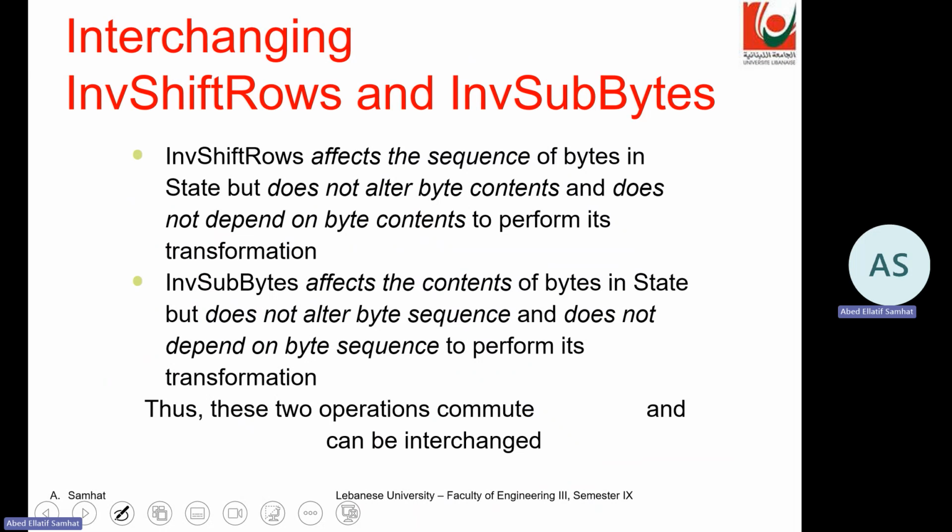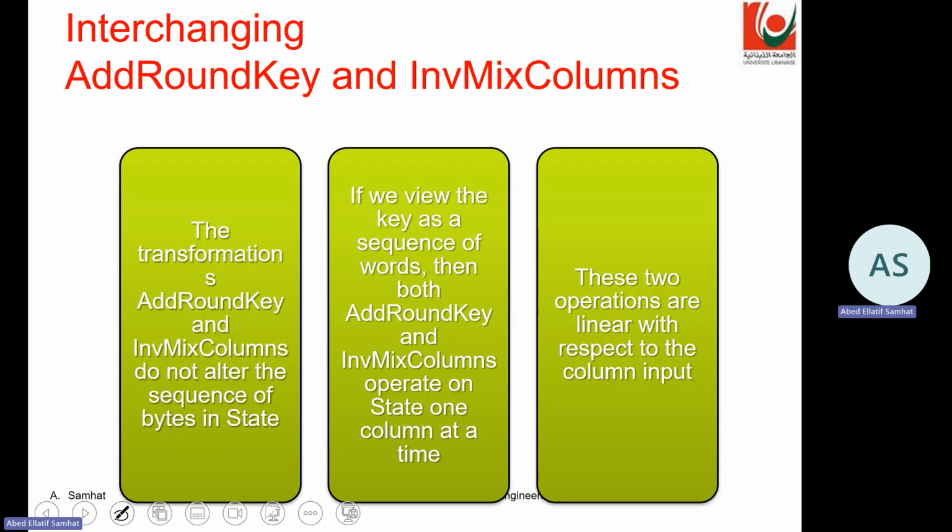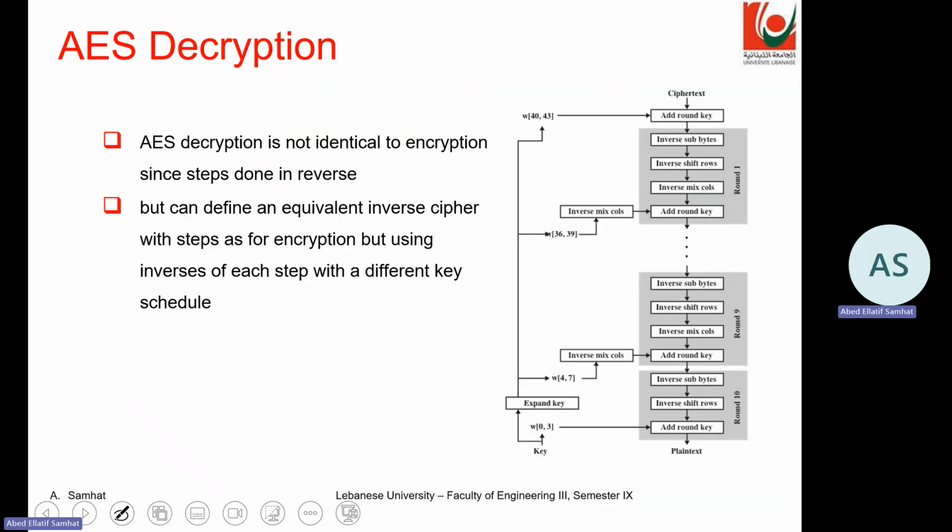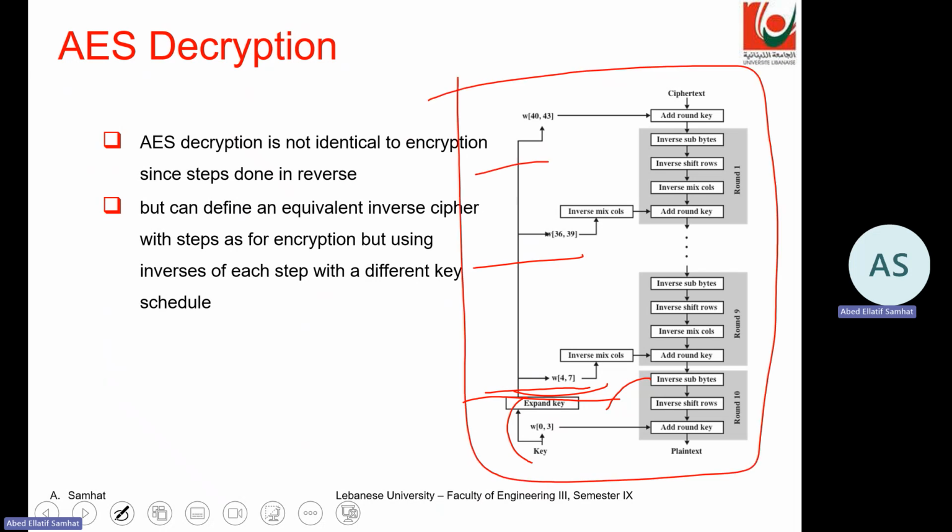We have interchanging between inverse shift row and inverse substitute byte, and also interchanging the add round key and the inverse mix column. I already presented them, and you can see that we apply those at this level, and we continue here in order to use them in the right way.